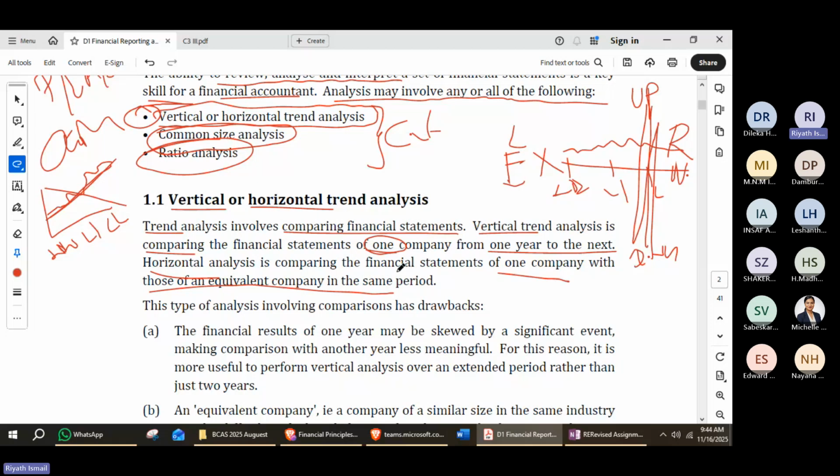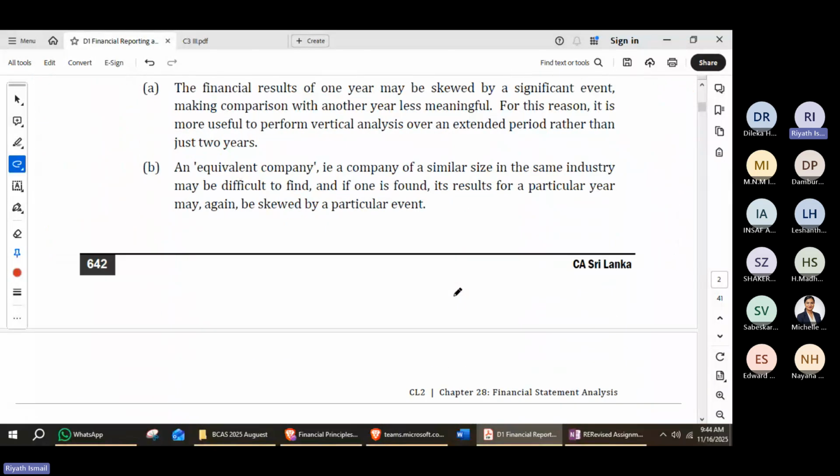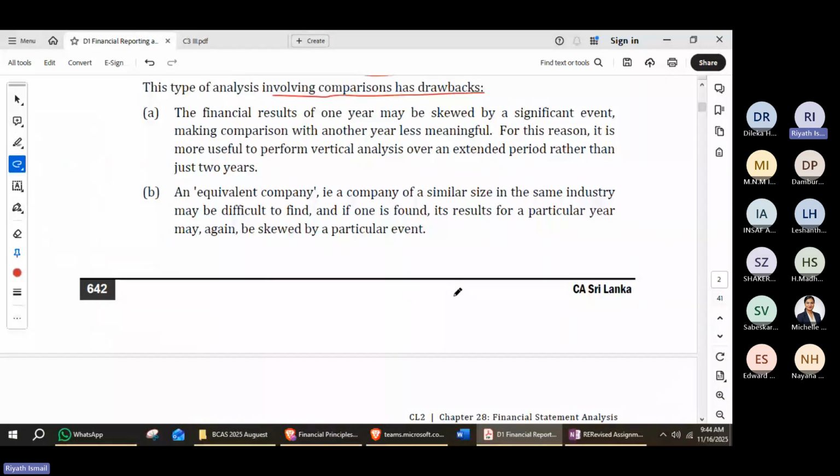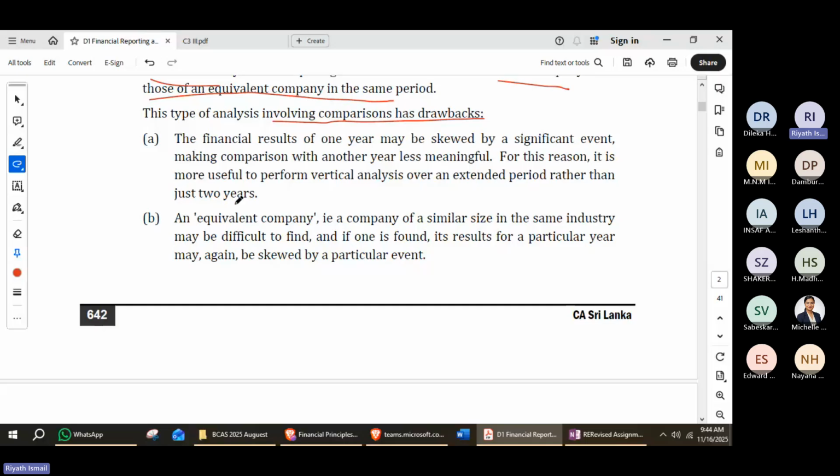This type of analysis involves comparison. A comparison has the following drawbacks. Vertical or horizontal has some drawbacks. The first one, the financial result of one year may be skewed, right?